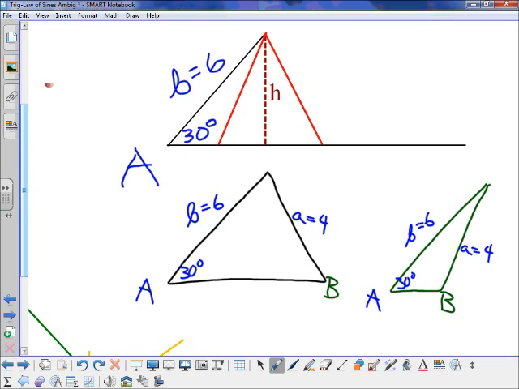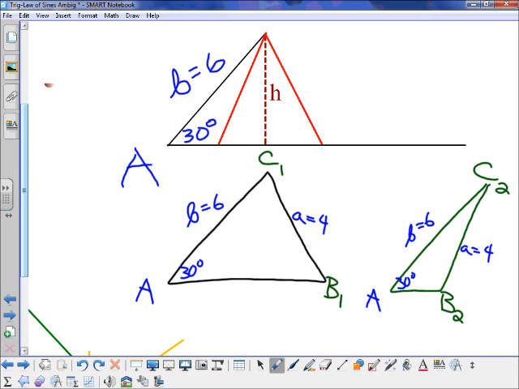So we're going to have to label with subscripts B1, B2. Same thing with angle C. This angle is different than this angle. So I'm going to call this one 1, this one 2.